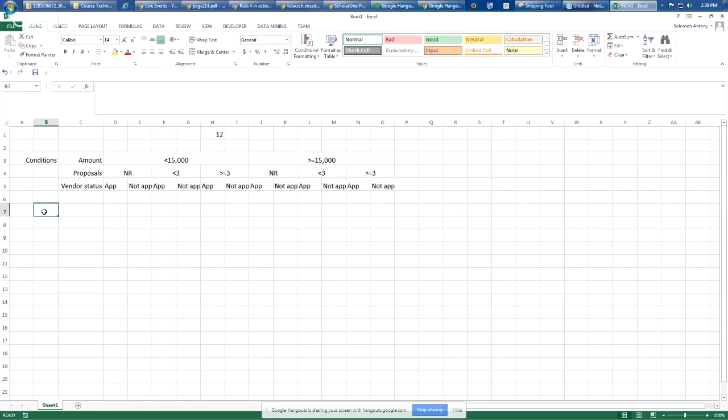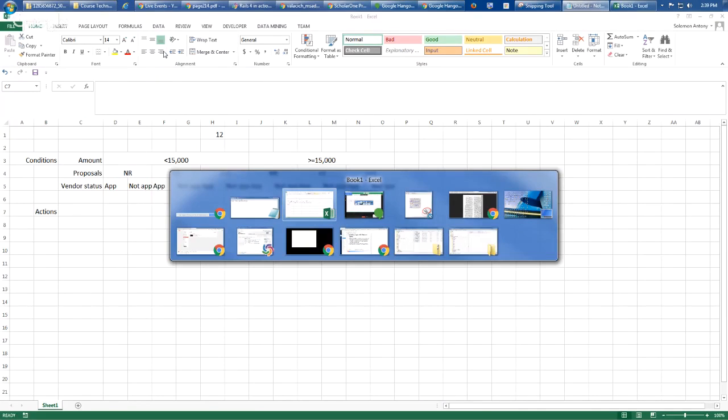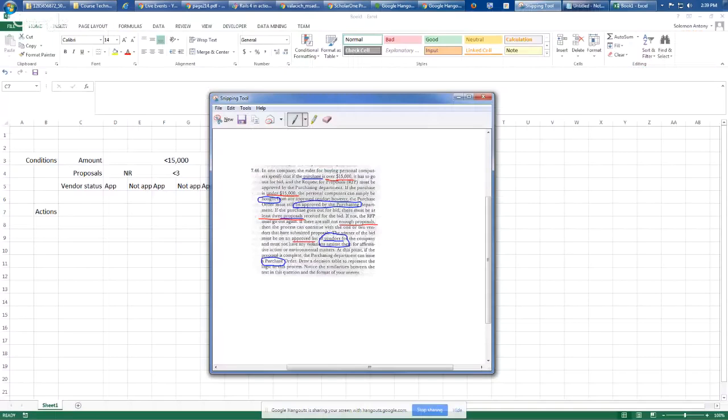Then I write my actions here. We have identified actions to be purchase and send for approval, and then pick a vendor.